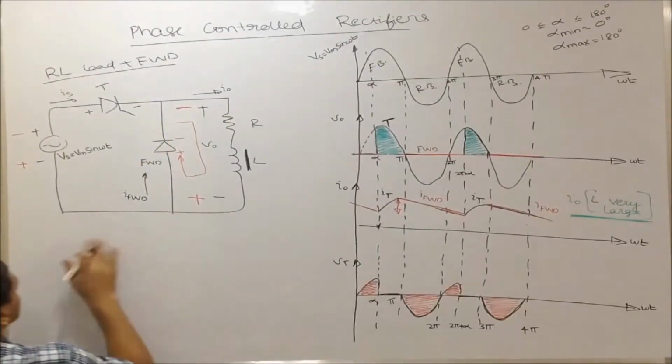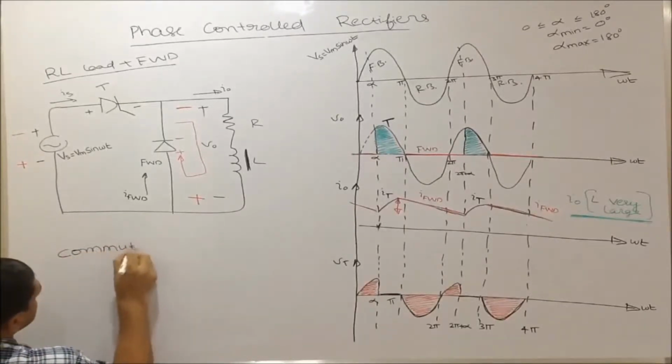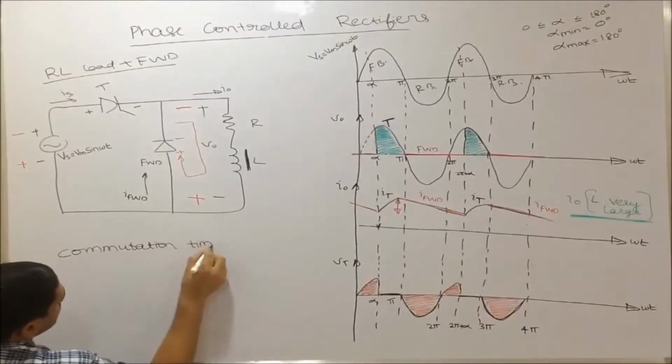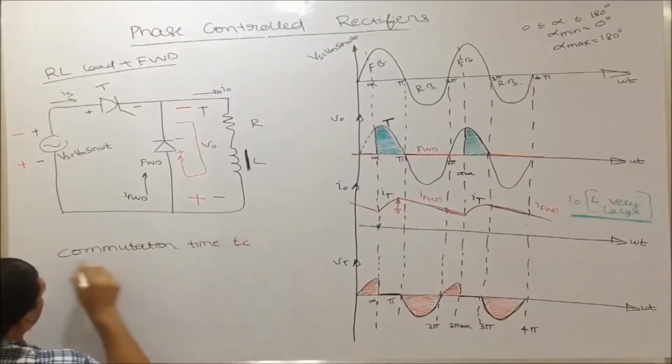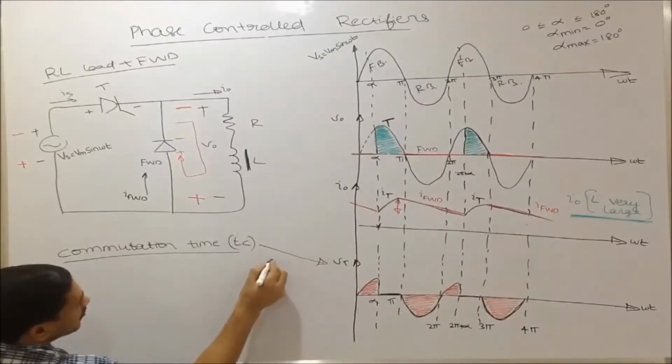For calculating the commutation time, we have to look at the Vt waveform.